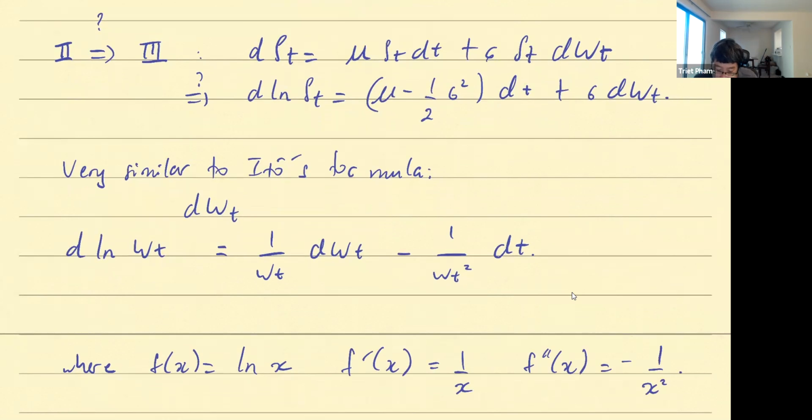It's awfully similar, but of course we get something more complicated to start with. It's not just pure Brownian motion. Basically, we start out with something with dt and dWt as well. So how do we fit that into this framework?